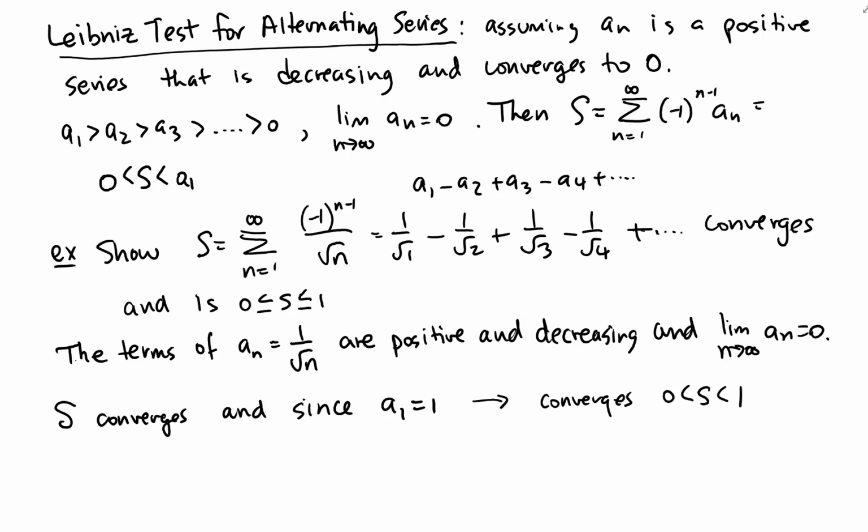And as we saw before, this is actually a p-series, but that p-value is a half, which is less than 1. So it converges conditionally, but it does not absolutely converge.